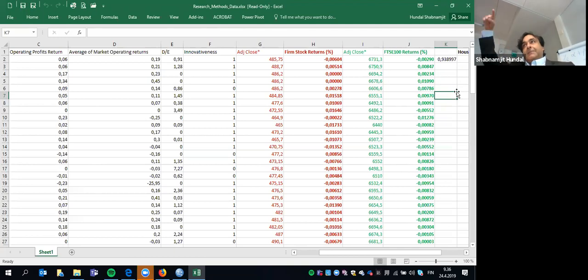It has two tails. Remember this kind of picture? I quickly draw here. This is the center. If I want to check at 5% level of significance, then 2.5% on this side, 2.5% on this side. Right?